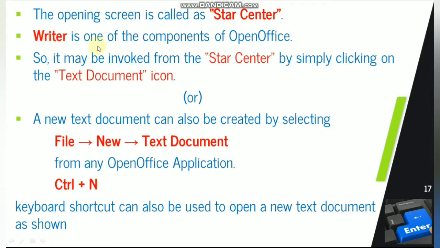Writer is one of the components of OpenOffice. We already discussed what the components are: OpenOffice Writer, OpenOffice Base, OpenOffice Draw, OpenOffice Formulae, and OpenOffice Database. Writer may be invoked from the Star Center by simply clicking on the text document icon, or you just press Ctrl N, and a new text document will be opened, as you are seeing here.